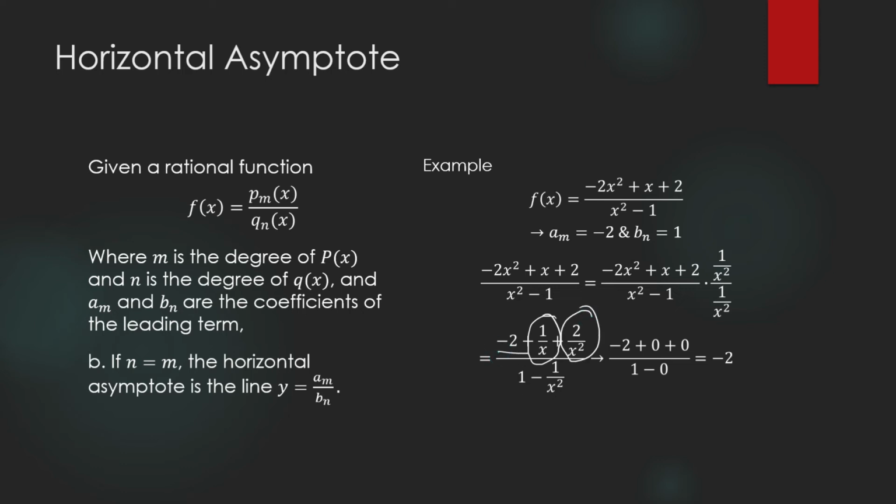It's negative 2. Now when we go to the denominator, this one is also constant. It stays as 1. And this one, when x approaches infinity or negative infinity, approaches 0. And so this is the result. This is what happens with the y coordinates when x approaches infinity. It approaches this value, and that is negative 2.